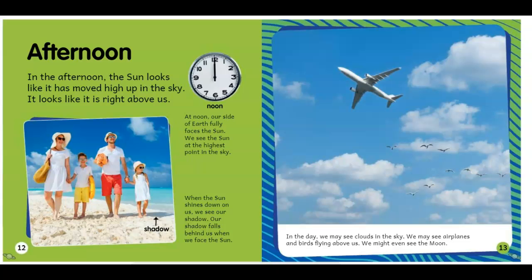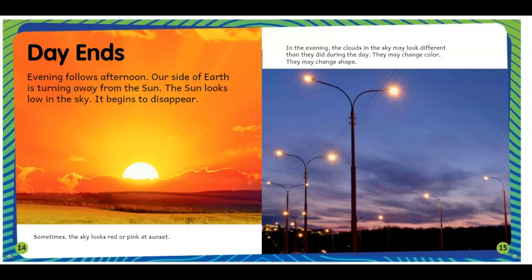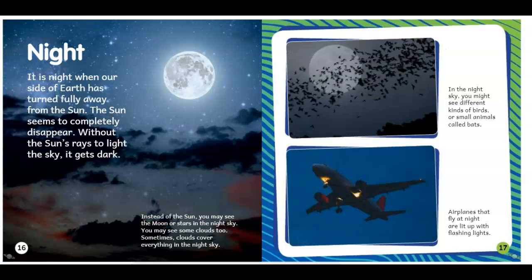Does that happen during the day or does that happen at night? We talked about sunset and sunrise. Does that only happen in the day or does that happen at night? At night. The moon. Can we see the moon during the day? Can we see the moon during the night?